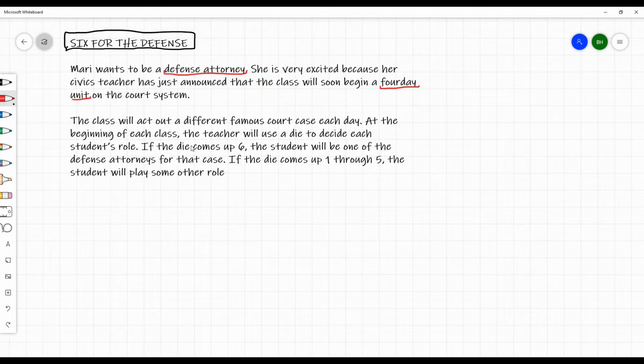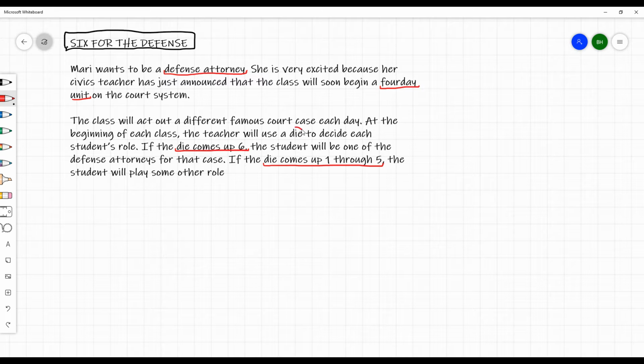The class will act out a different famous court case for each day. At the beginning of each class, the teacher will use a die to decide a student's role. If the die comes up a 6, the student will be a defense attorney. If the die comes up 1 through 5, the student will play some other role.